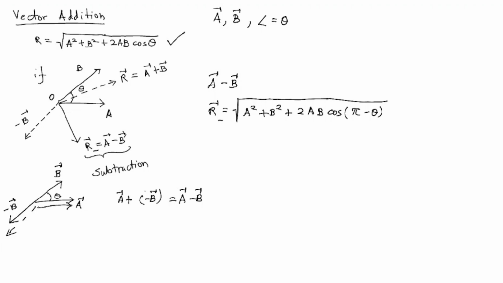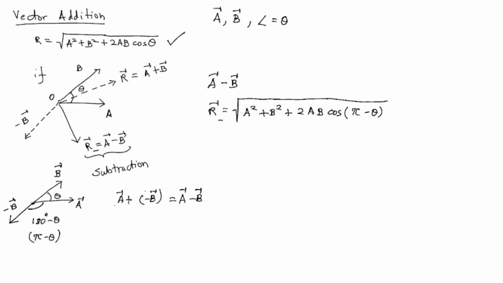What is the angle between minus b vector and a vector? In the original case, theta is supposed to be the angle between the tails of the two vectors. Here, the angle between the tail of minus b and the tail of a is 180 degree minus theta, or pi minus theta, right?